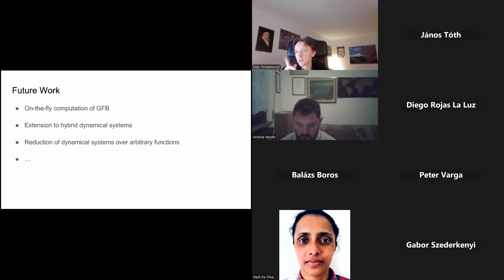And reduction of dynamical systems over arbitrary functions, which relates to the question of Janos from before, where we could try to incorporate into the framework, for instance, rational functions, which would fit nicely, because the Schwarz-Zippel lemma also applies there, or more complicated functions, like, I don't know, roots and so on.